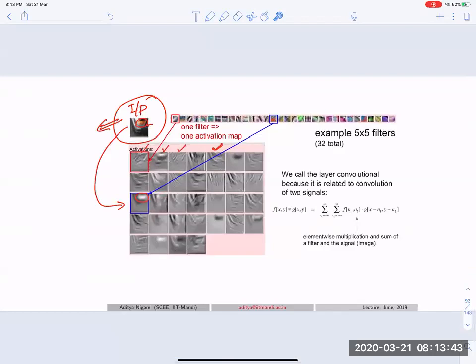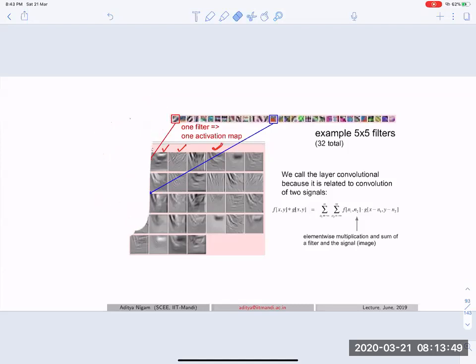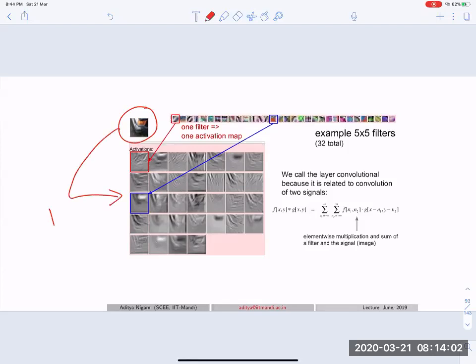So that's the activation maps and image. If I say it in a different language, the mathematical language, the single image is being transformed or projected into another set of images which are very useful to do different types of classification tasks.